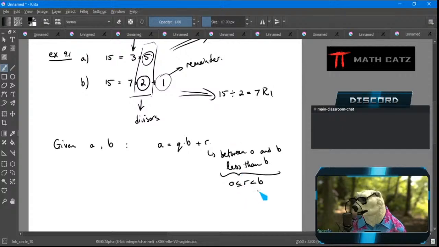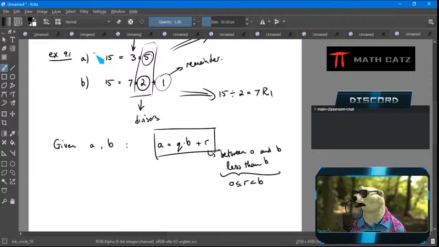But it's not going to be my divisor or too big, because then I could adjust it to have more B's fit into my number. So all of these will look like this: A equals Q times B plus R.